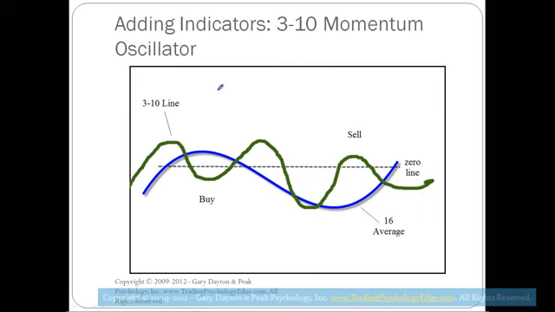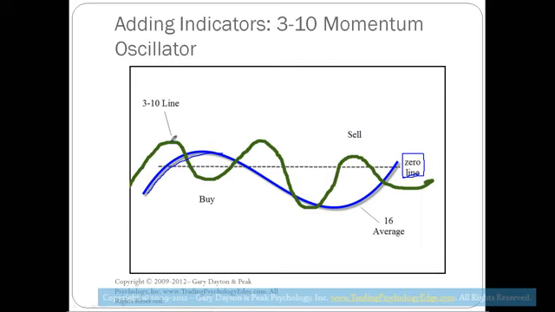How we're going to talk about using this tonight is to think about when the 16 average is above 0. Here's our 0 line. When it's above 0, the market is likely to be trending up.